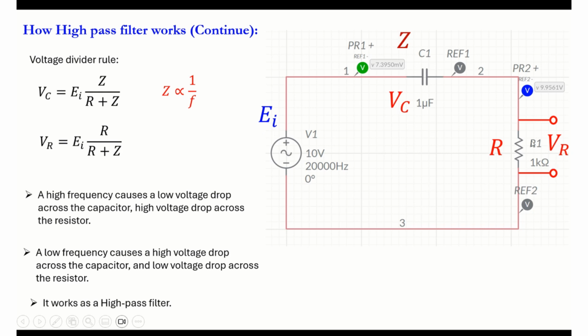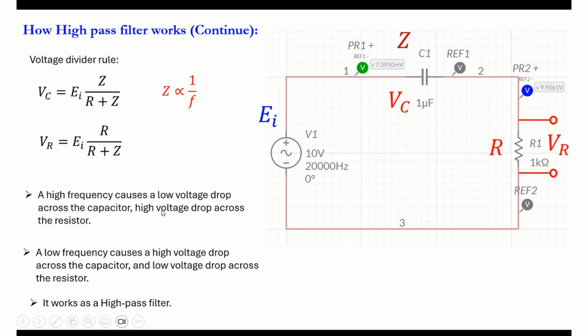Since the output is taken across this resistor, we get a high-pass filter. When the frequency is very high, we get almost the full signal on the resistor. This is how the high-pass filter works.